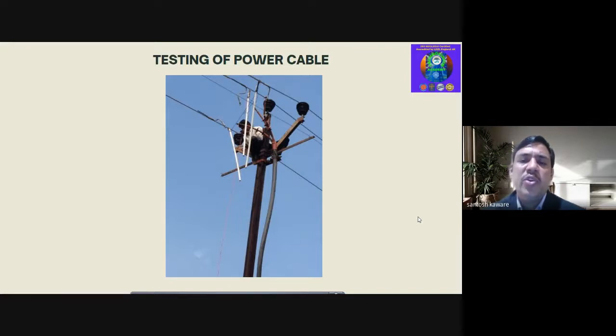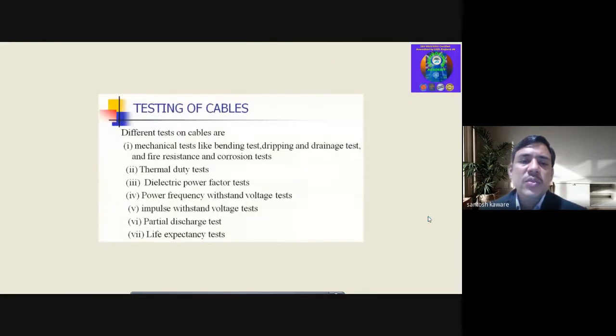There is a variety of cables in the market. For these power cables, there are certain tests, like mechanical tests such as the bending test, dripping, drainage test, and fire resistance and corrosion test. Means to check its mechanical strength.